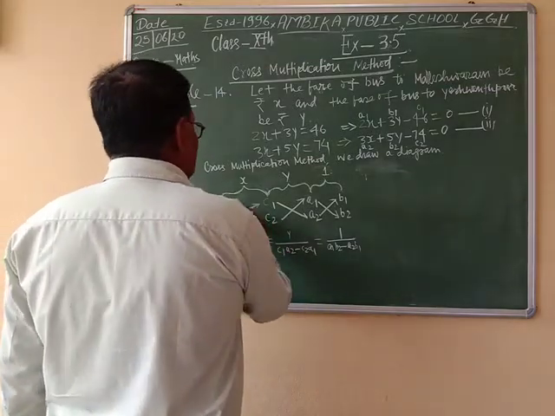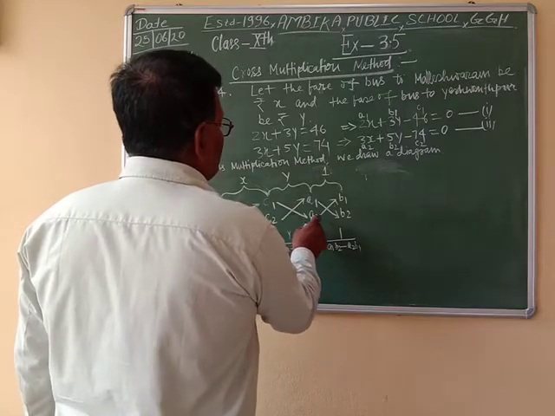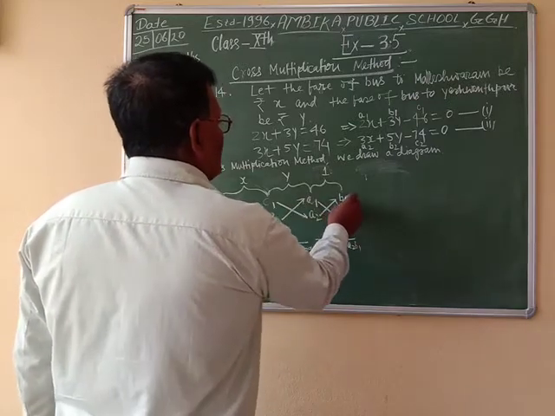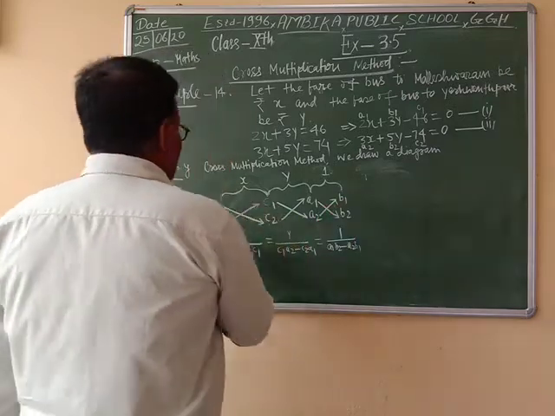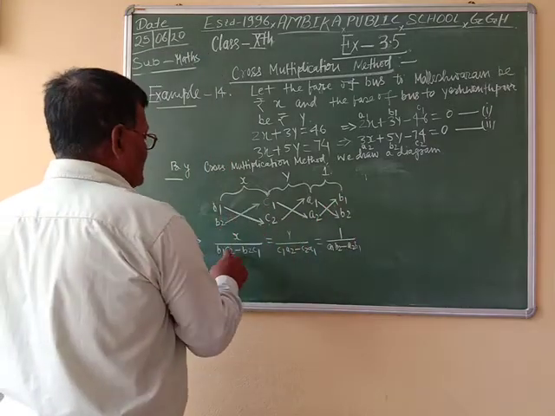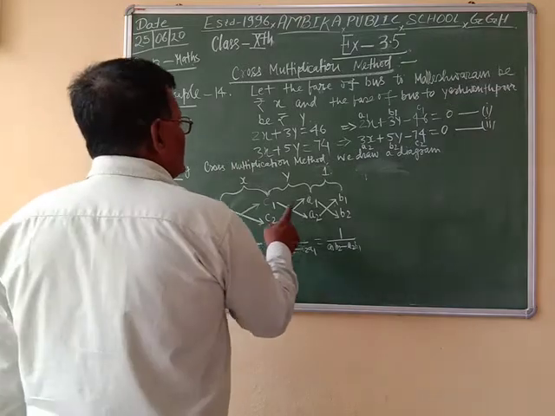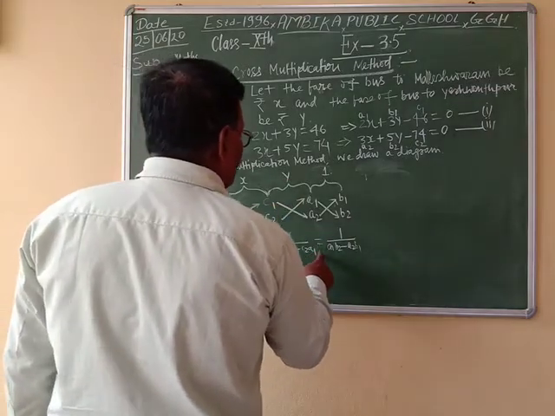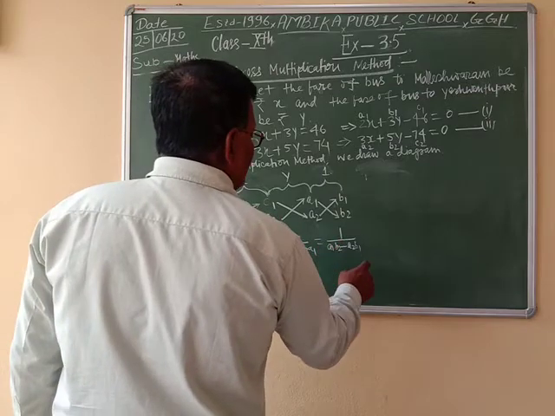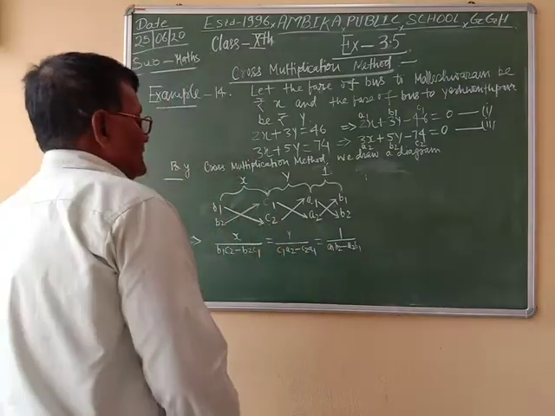B1 C2, B2 C1, C1 A2, C2 A1, and A1 A2 B1 B2. x by B1 C2 minus B2 C1 is equal to y by C1 A2 minus C2 A1 is equal to 1 by A1 B2 minus A2 B1.